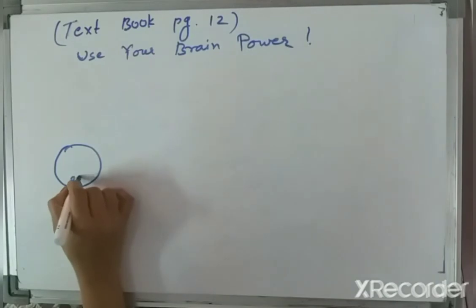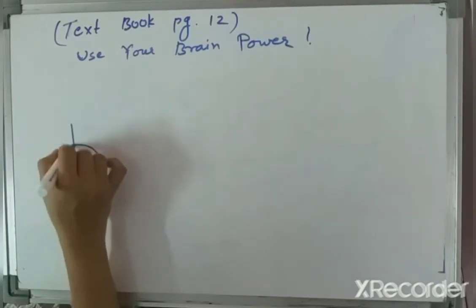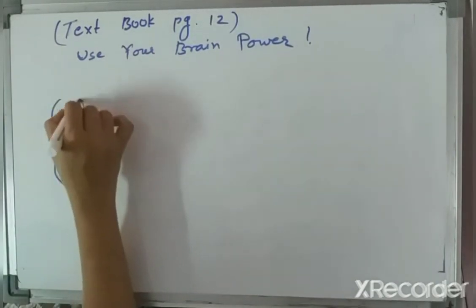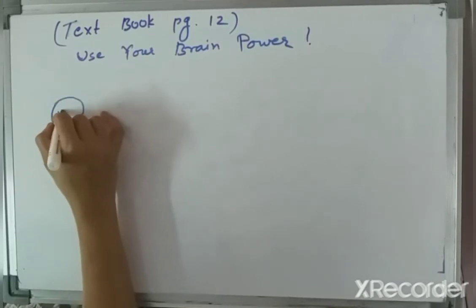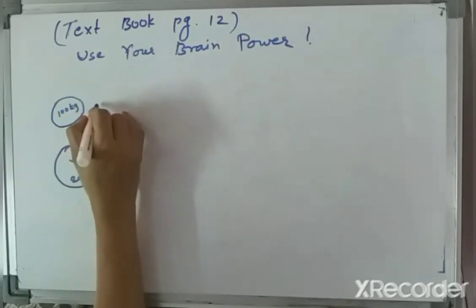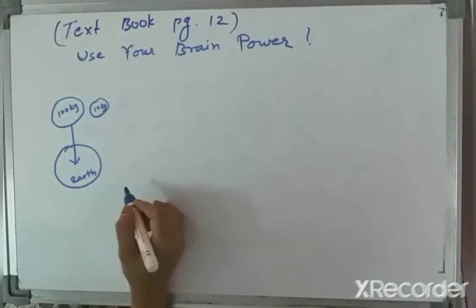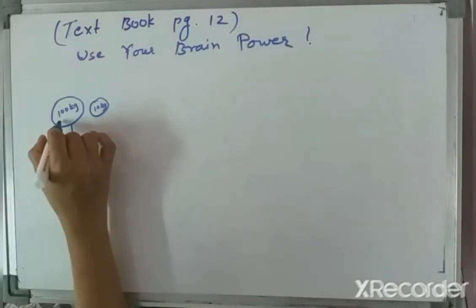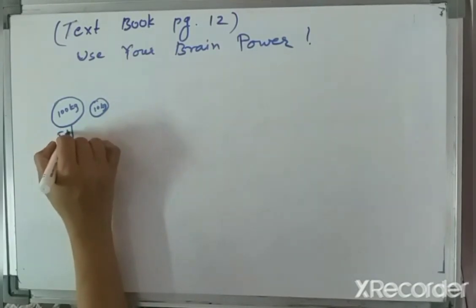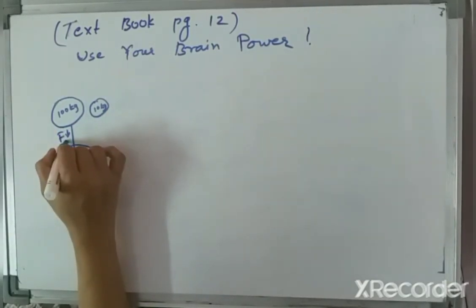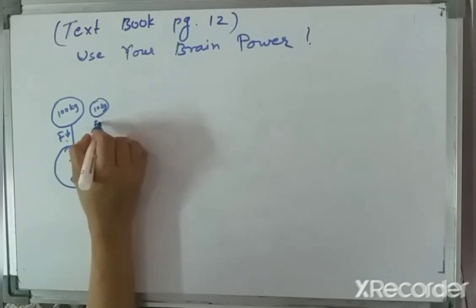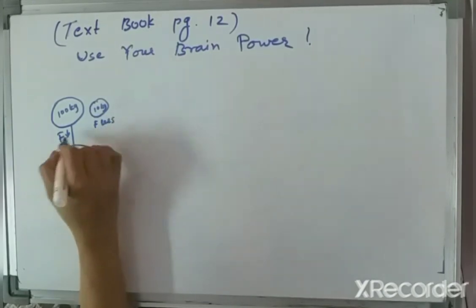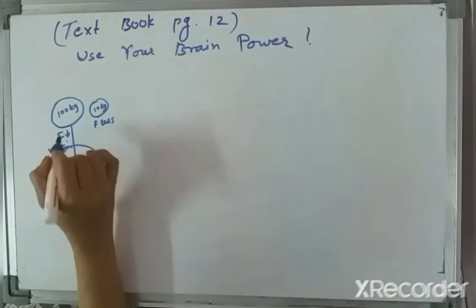Suppose this is the Earth, and Earth is pulling one object whose mass is 100 kilogram and another object whose mass is 10 kilogram. According to Newton's law of gravitation, Earth's gravitational force is more on the object of 100 kilogram, where more force Earth has to apply, while here force required is less.